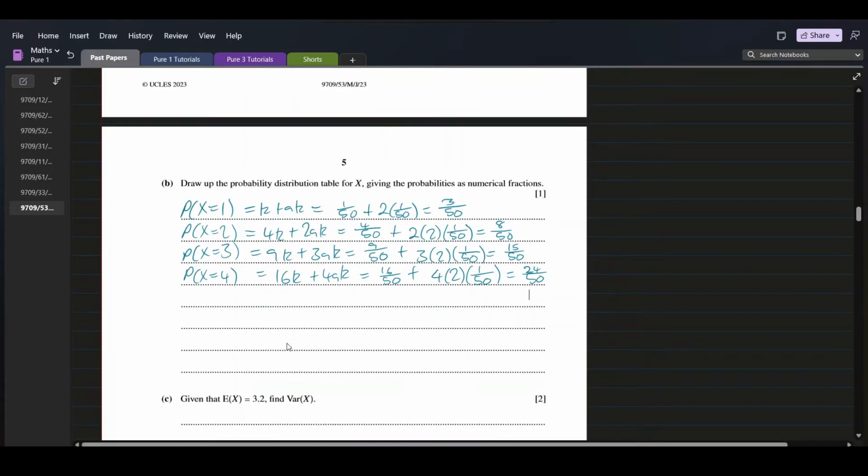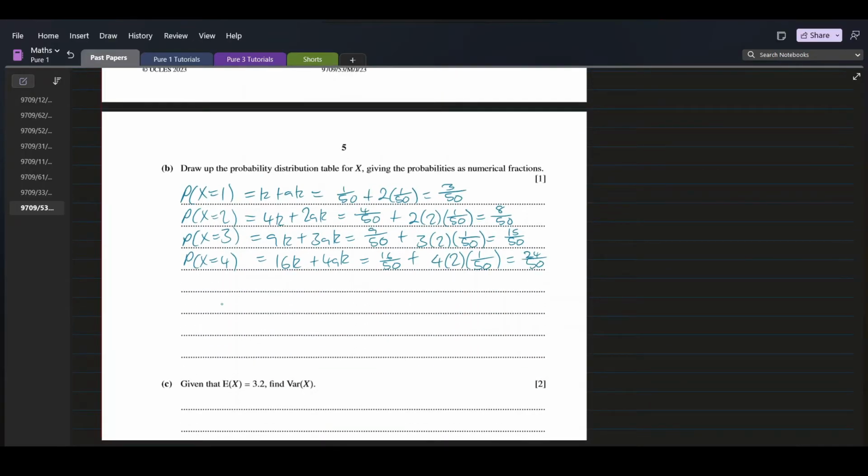Now we can draw our probability distribution table since we've evaluated our probabilities as numerical fractions. So that's x, and the probability that x is equal to x, and we've got 1, 2, 3, and 4.